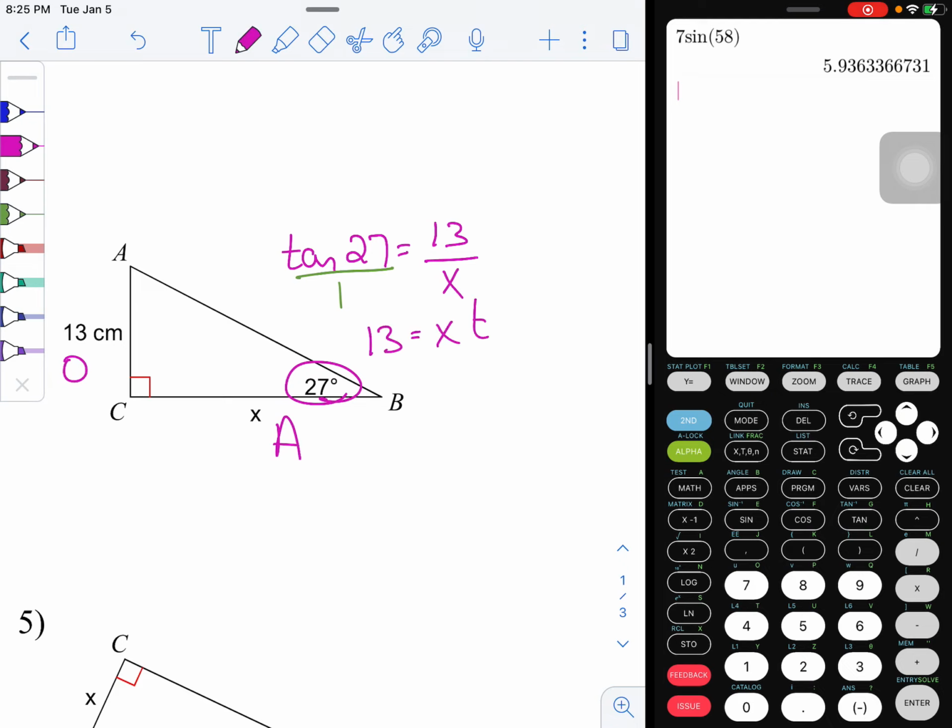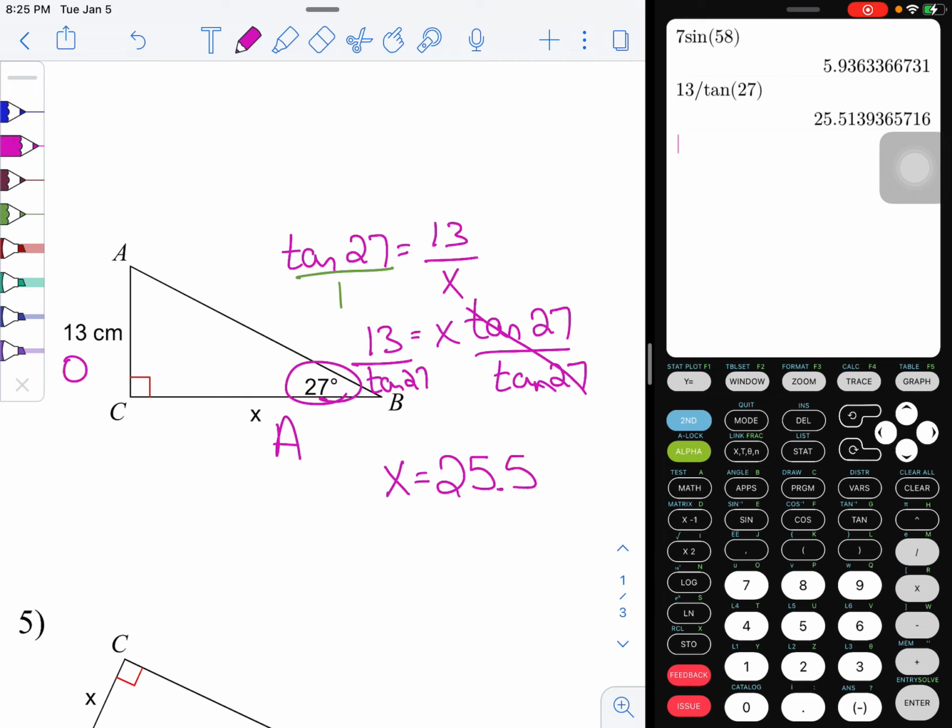So 13 equals x tangent 27. Divide everything by the tangent of 27. So x is going to equal 13 divided by tangent of 27, which is 25.5. And again, x represents a side here, so this is going to be centimeters because we know our units.